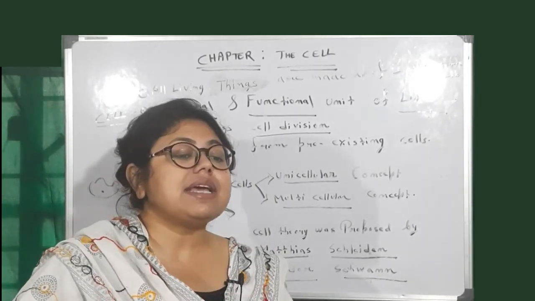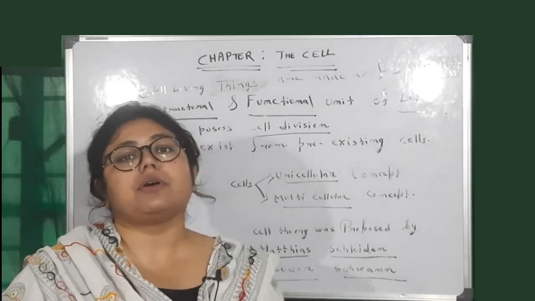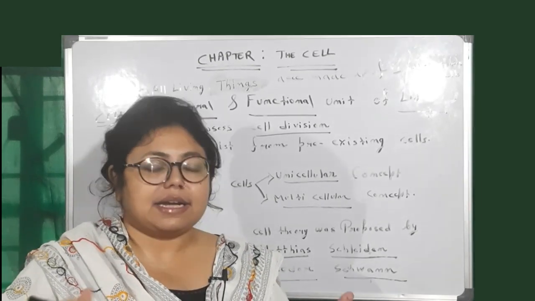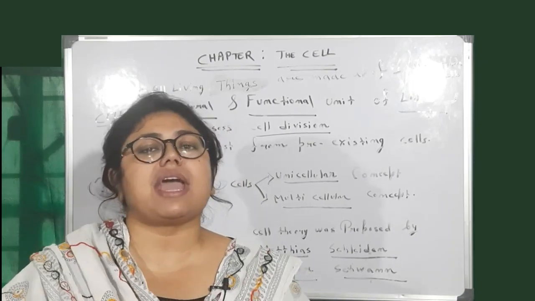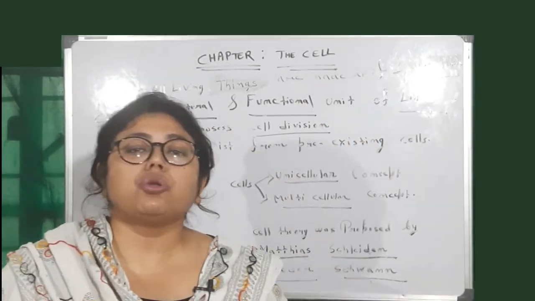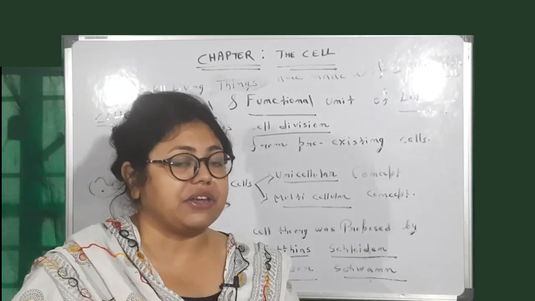Not only in classes 9, 10, you have to deal with this chapter wherever you go if you are taking a field of science, be it 9, 10, 11, 12, degree courses, PhD, anywhere. This concept is very important for those who are planning to take biology in future as a career.